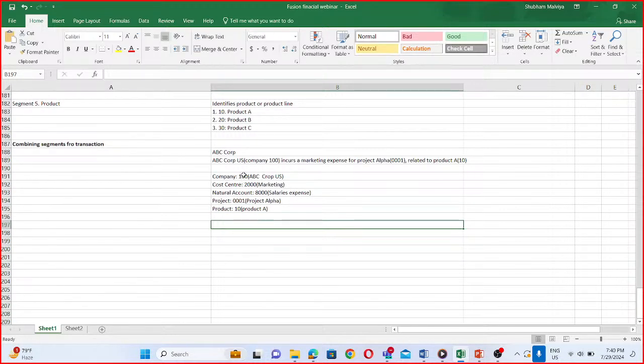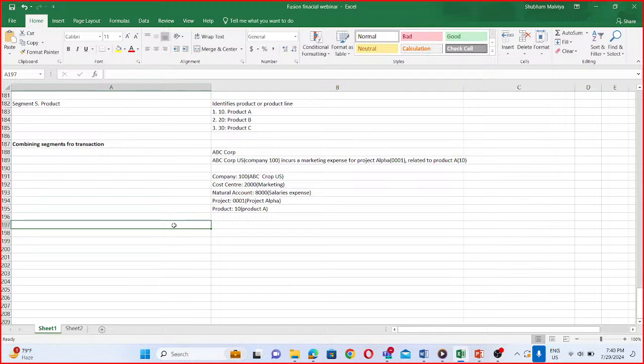Now you see the code combination. We need a code combination when we perform the financial transaction. I'll write here the combined segments, which we can call the combined account string.